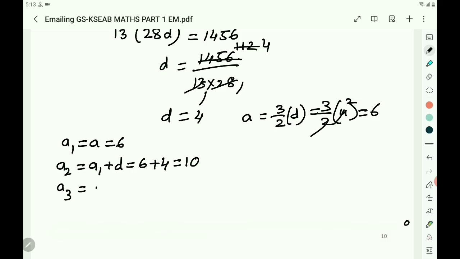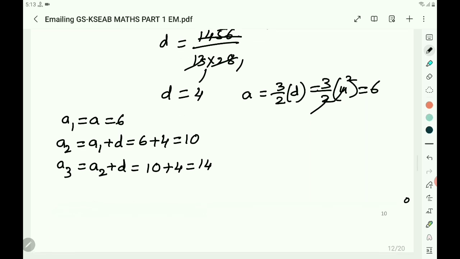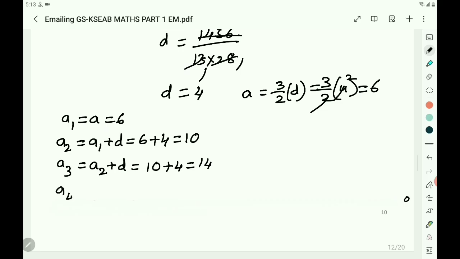A3 equals a2 plus d. A2 is 10, 10 plus 4 equals 14. A4 is a3 plus d.